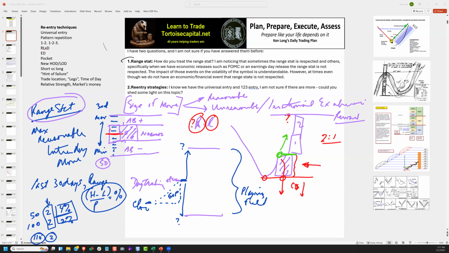So we're going to use the statistics now. And we know that the normal accounts for 2/3 of the ranges of the last 30 days. So 2/3 of 30 is 20.